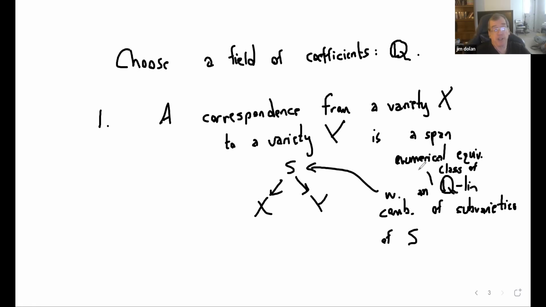I was just worried that even when you're doing an adequate equivalence relation, maybe you use numerical equivalence in certain places. But no, this is just the adequate equivalence relation rearing its head. This is the only place it rears its head in the definition of motives, is defining the cycles.